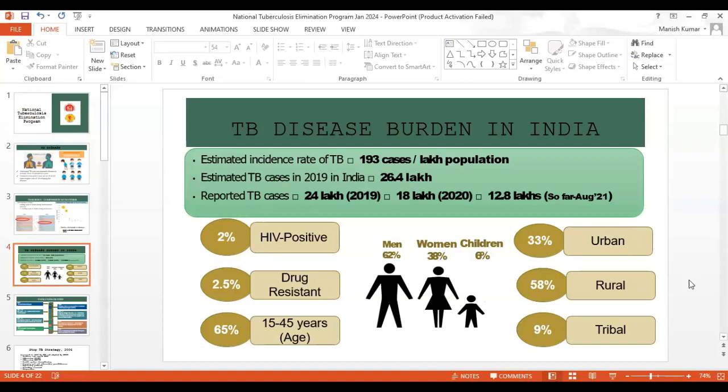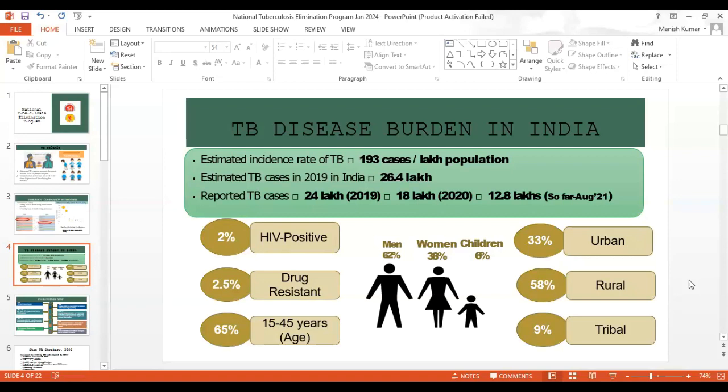The estimated incidence rate of TB in India, this is 2019 data, is 193 cases per lakh population, and estimated TB cases in India in 2019 were approximately 26.4 lakhs. Reported TB cases were 24 lakhs in 2019.